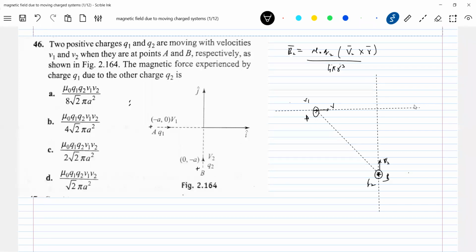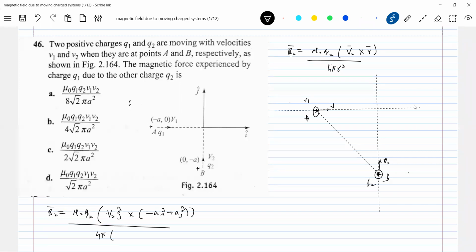So what is that position vector R bar? You can define it as minus A i cap plus A j cap. So in vector form, mu naught Q2, V2 will be V2 j cap cross R bar, which is minus A i cap plus A j cap, over 4 pi times R cube.